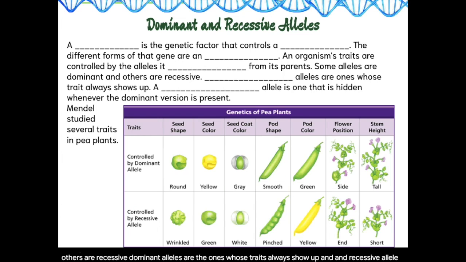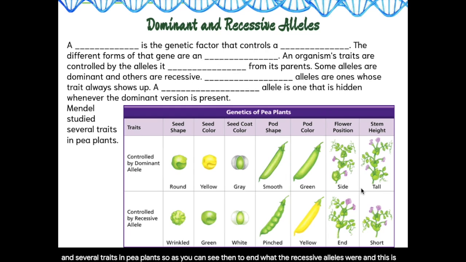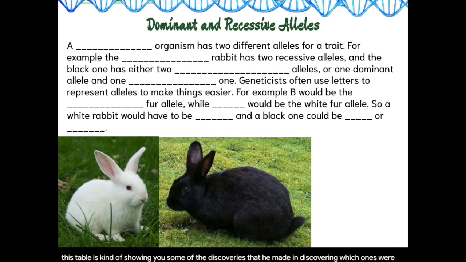Mendel studied lots of different kinds and several traits in pea plants. So as you can see, he figured out what the dominant and what the recessive alleles were. And this table is kind of showing you some of the discoveries that he made in discovering which ones were dominant and which ones were recessive, which led us to a hybrid organism has two different alleles for a trait.